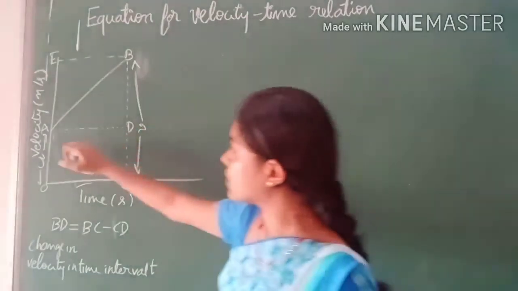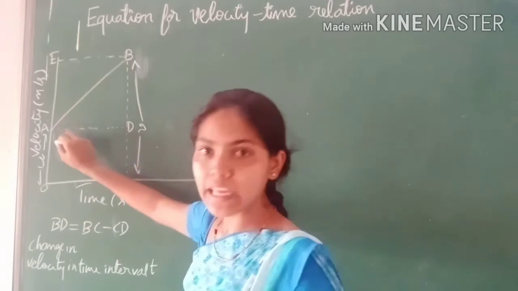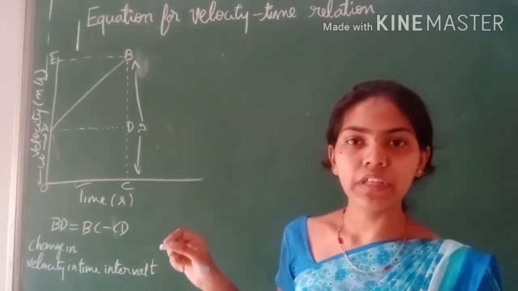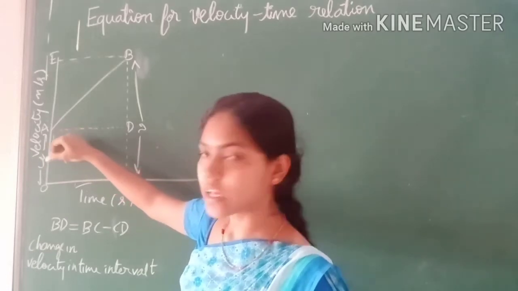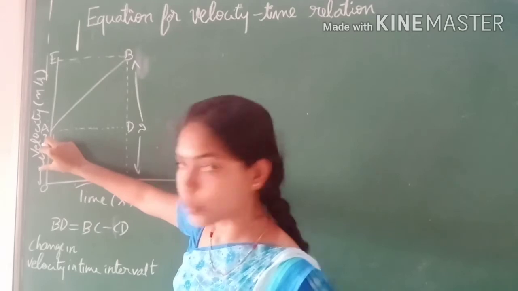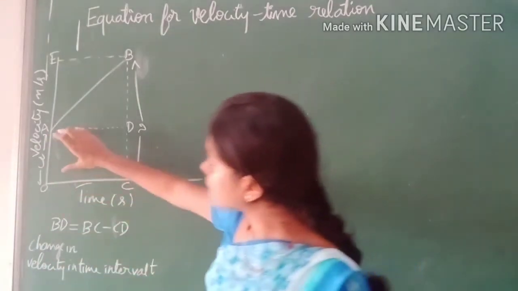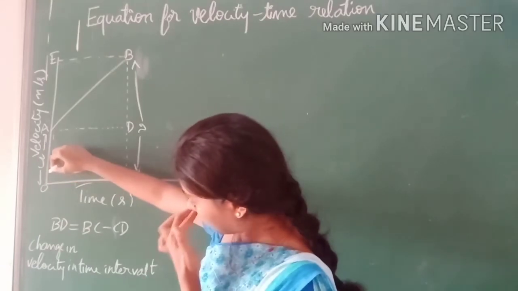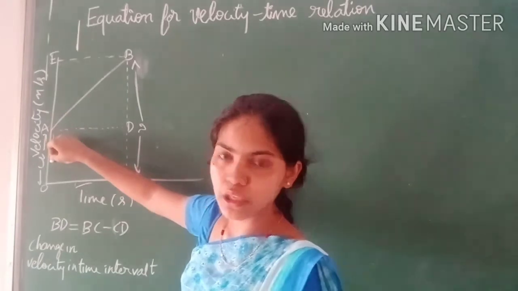So here consider an object moving with the velocity u. Here it is not starting with velocity 0; u is not 0 here. The initial velocity we will consider as u. So the initial velocity from O to A is OA = u.